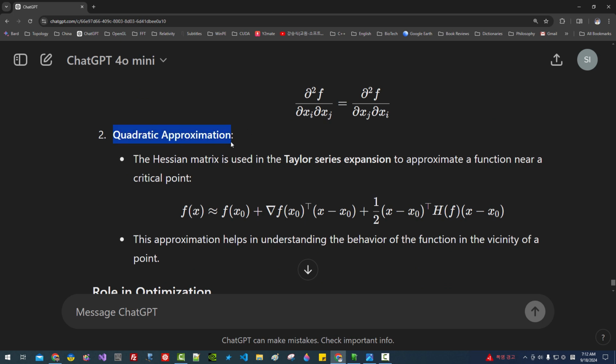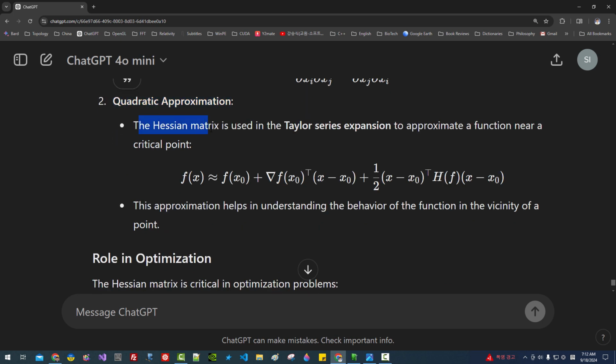In the quadratic approximation, the Hessian matrix is used in the Taylor series expansion to approximate a function near a critical point. In this approximation, can you explain the physical meaning of this term? Whenever you see a mathematical expression, you have to be able to read what is the physical meaning of each term or expression.